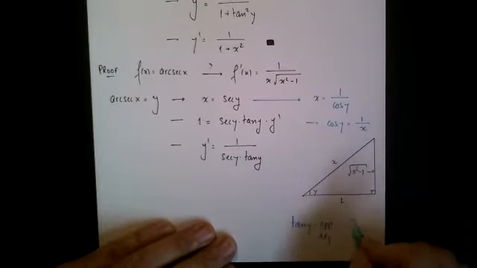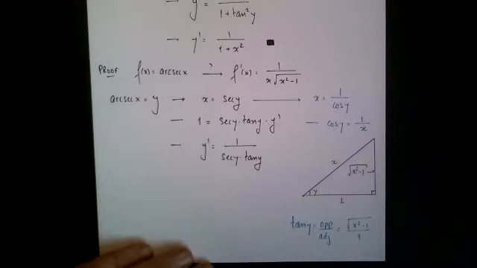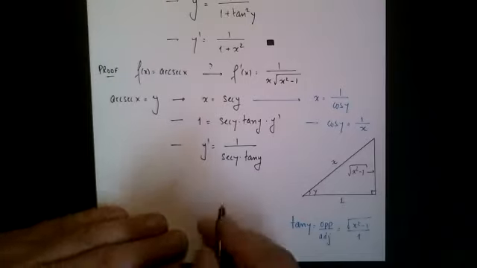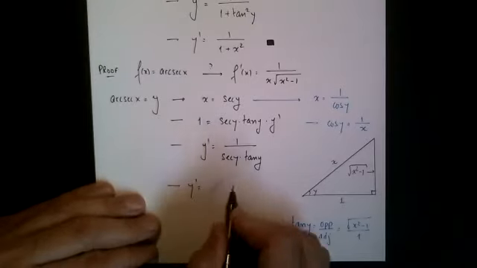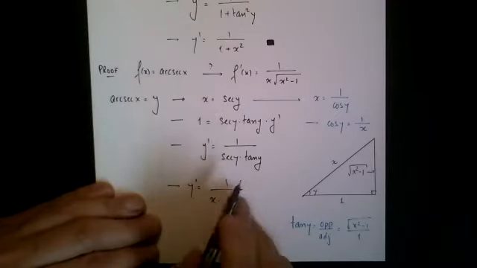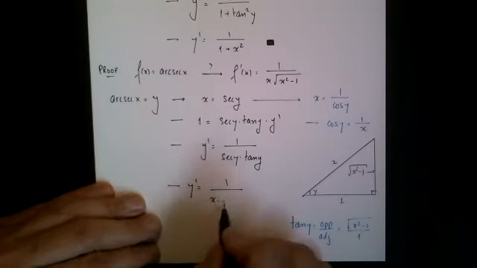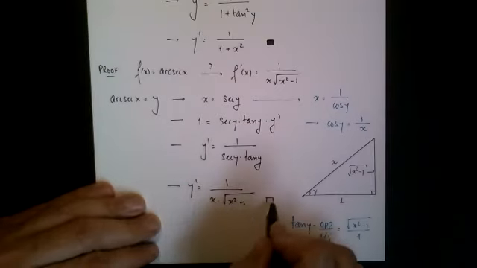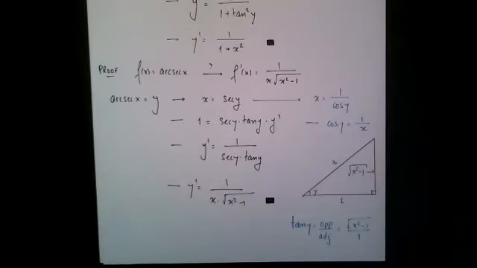And so that is square root of x squared minus 1 over 1. This is what the tangent of y is, which I'm going to replace here now. Secant y, of course, is x. And tangent y, I just showed that it's square root of x squared minus 1, done. Any questions?